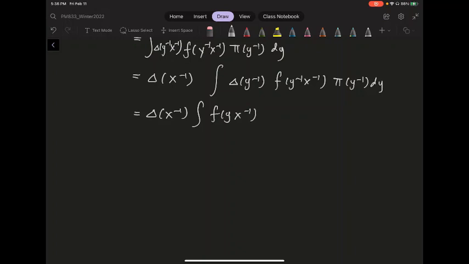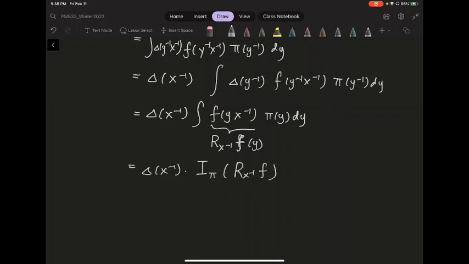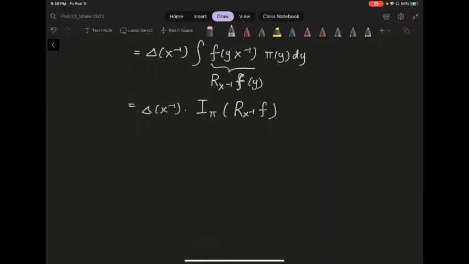So I have f of y x inverse, pi of y, dy. And this is no other than the right translation by x inverse of f evaluated at y. So this is delta of x inverse times I pi of the right translation by x inverse of f. Okay, so let's finish this part of the algebraic proofs.